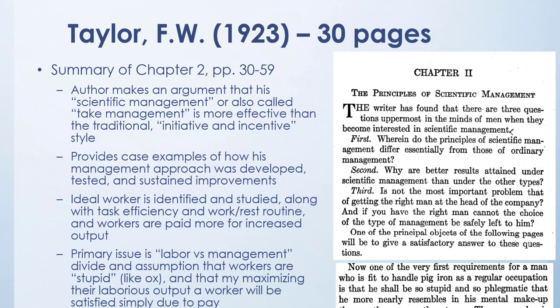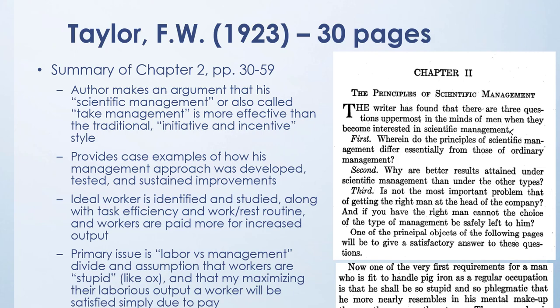And so the company was relying more on getting worker output through incentivization, through initiatives. What he's saying is, no, there's a much better way to do it. We can break things down and do it a different way. And he provides a lot of different case studies and examples of how he learned it and where it came from.